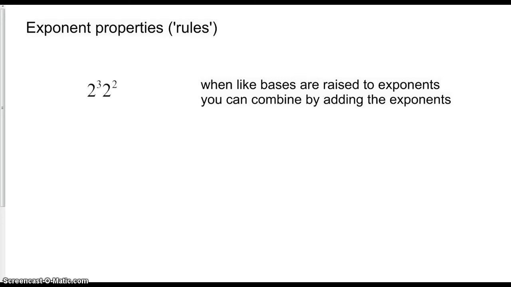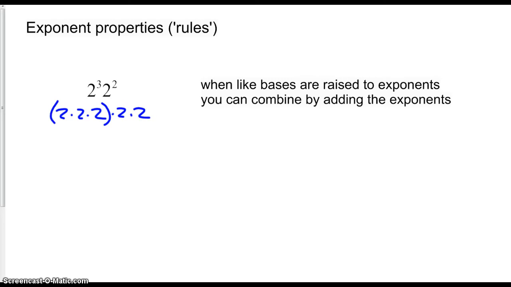So the first thing is, let's say we have the same base, 2, and we have 2 to the third, and then that's multiplied by 2 to the second. What do we do in that case to combine that into a single expression? Well, the 2 to the third is 3 2's multiplied together, and the 2 to the second is 2 2's multiplied together.